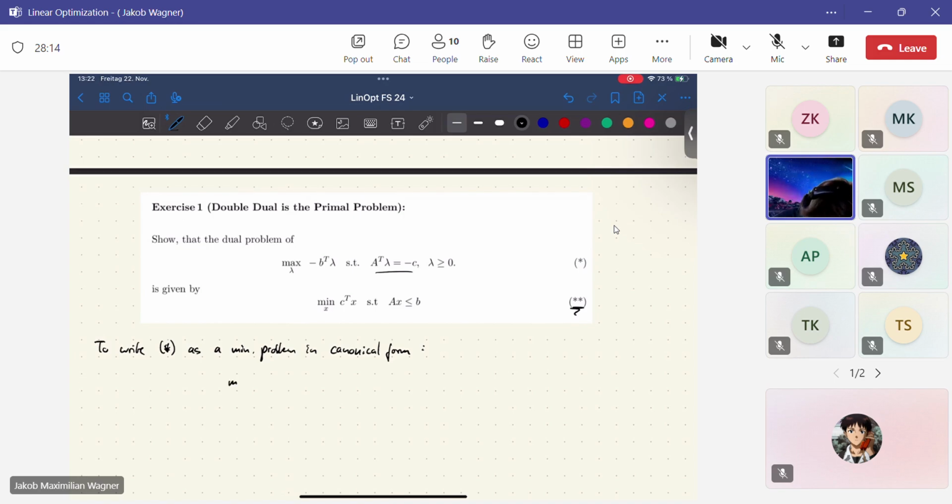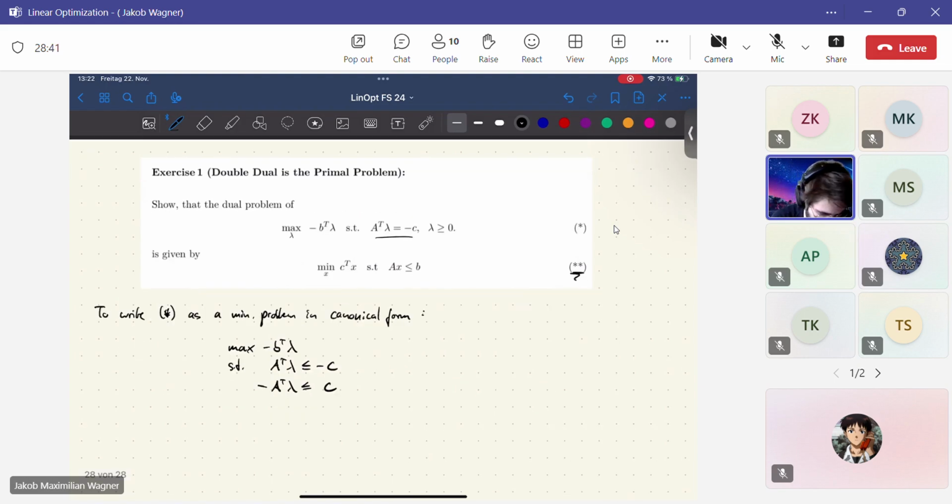So we write: maximize minus b transpose lambda subject to A transpose lambda less or equal than minus c, and minus A transpose lambda less or equal than c. With these two inequalities, we get the equality case. And we have that minus the identity matrix times lambda should also be less or equal than 0.